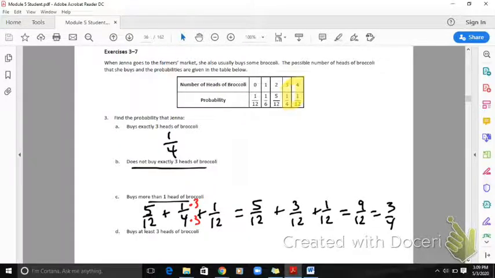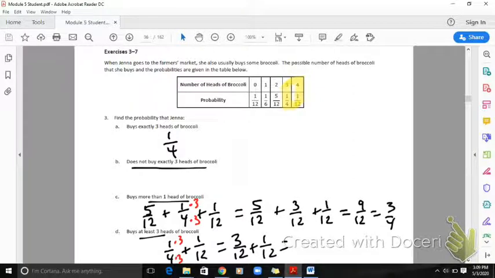Alright, so simply here, we just need to add the probability of her buying 3, which is 1/4. But again, it's at least 3, which is 3 or more, so you have to add the probability of buying 4, which is 1/12. So we need to add those 2 fractions. Here I can multiply the first fraction by 3/3 to get a common denominator of 12.